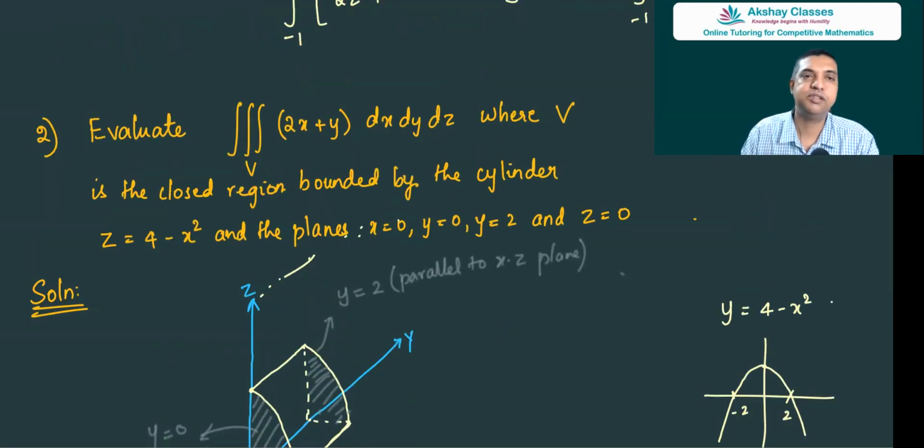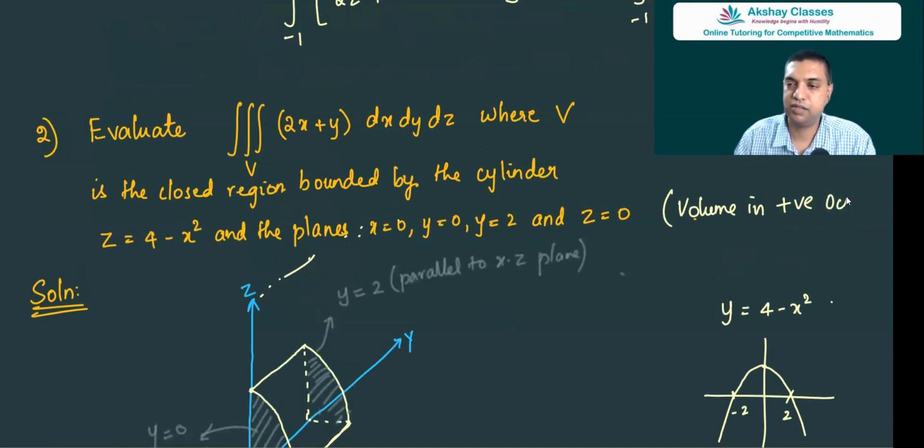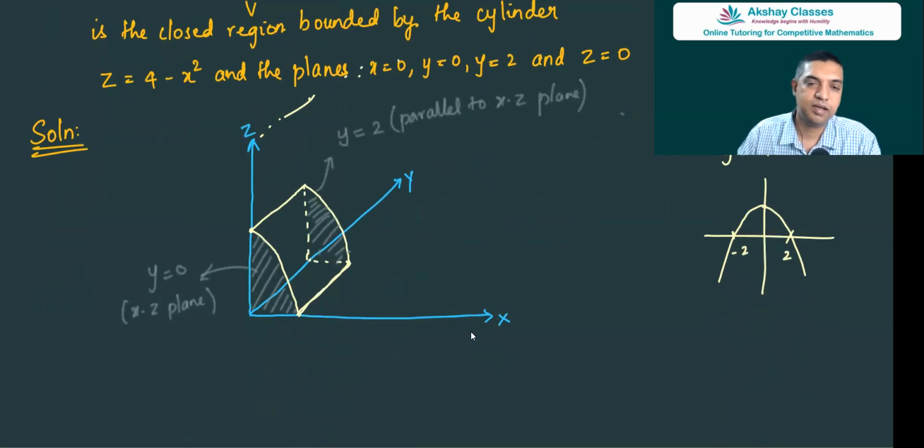This is not mentioned, but it is volume in the positive octant. Positive octant means x, y, z are all positive or 0. So this is the volume we need.